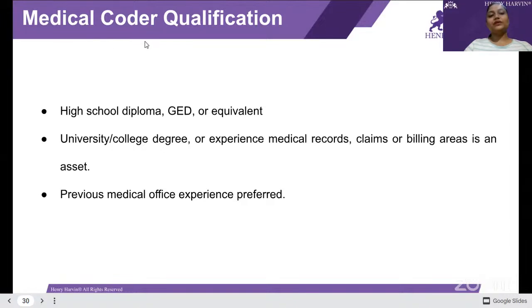The next part we are going to discuss is the minimum qualification to be a coder. If you have completed your diploma level education or +2 level education, you are eligible to pursue this course and apply for the job types.